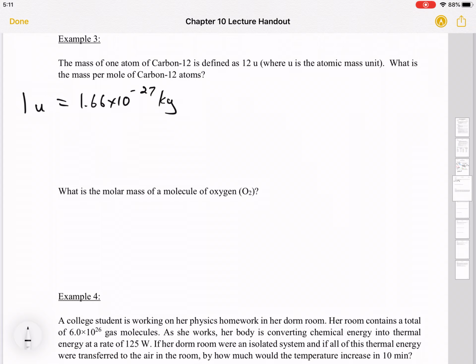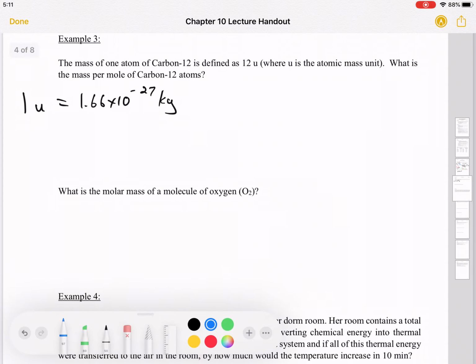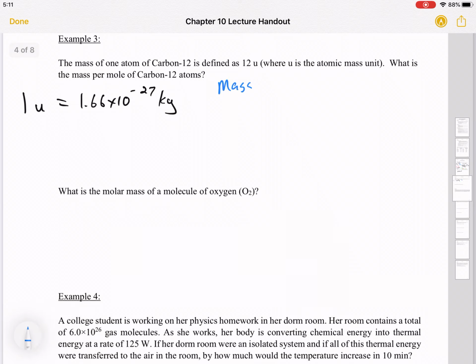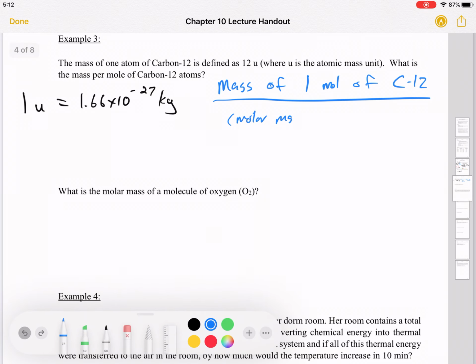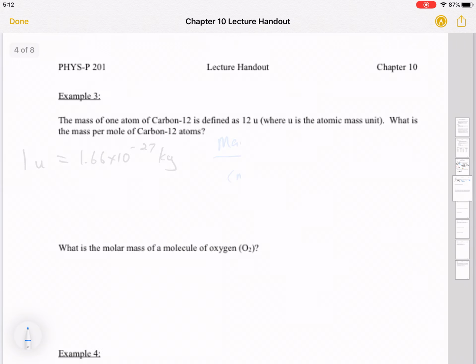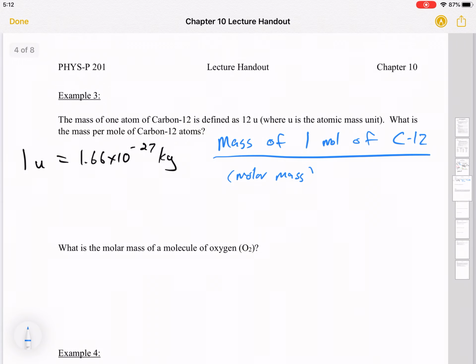Okay, so we're looking for the mass of 1 mole of carbon-12. We also sometimes call this the molar mass. If you've had a chemistry course before, you're probably familiar with what we're doing right now, and that is totally fine. If you have not, that's okay too. So we're looking for the molar mass of carbon-12.